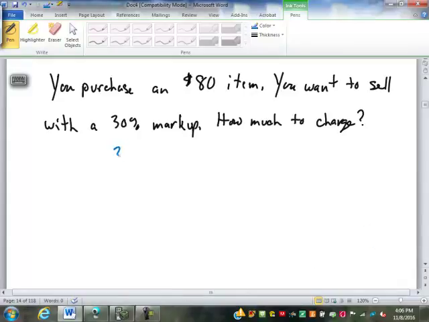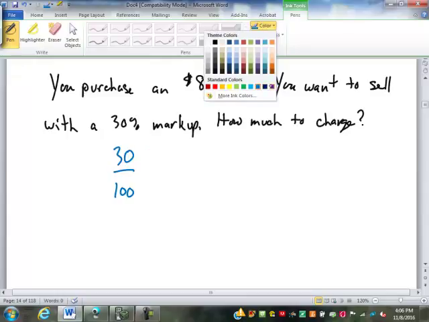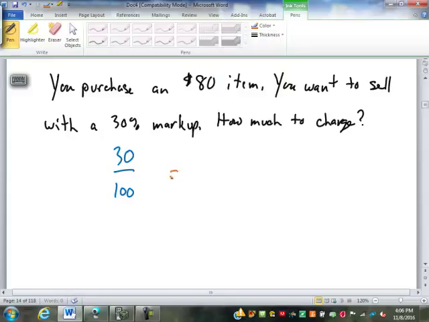We have 30%, 30 out of 100. On the other side, we have numbers that match up with those. The 30 represents the markup. The 100 represents the starting or the beginning price, the beginning amount.